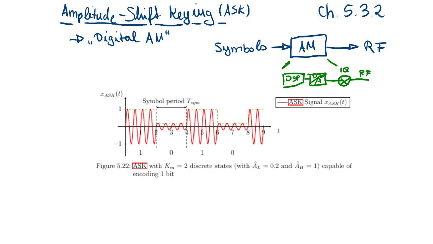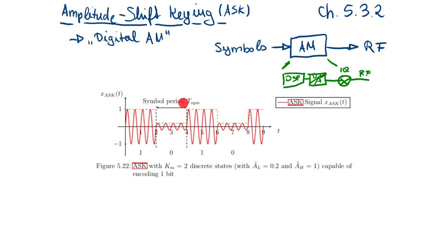And now we see the relation to the symbol period. Each symbol is exactly t-sim long, and this is the length how long the amplitude value of the carrier is retained here. So keep this value for 1 t-sim and this value for 1 t-sim again, and so on.